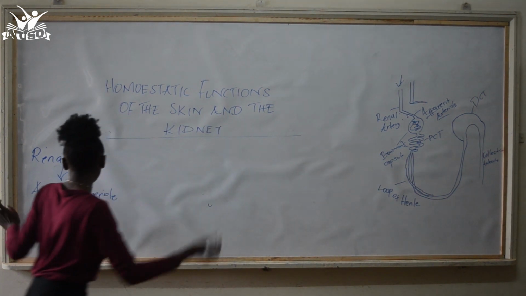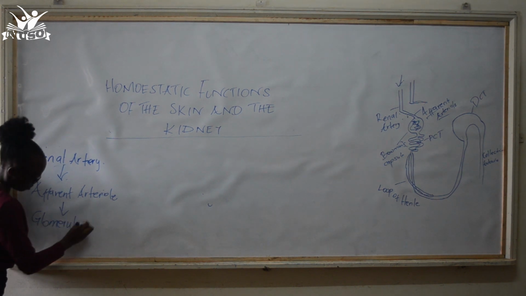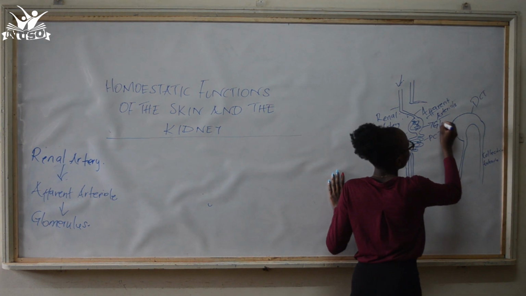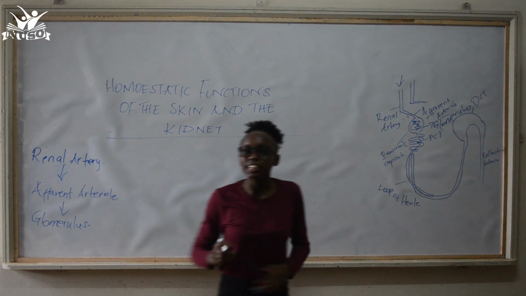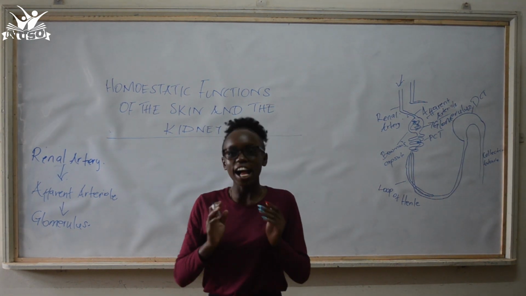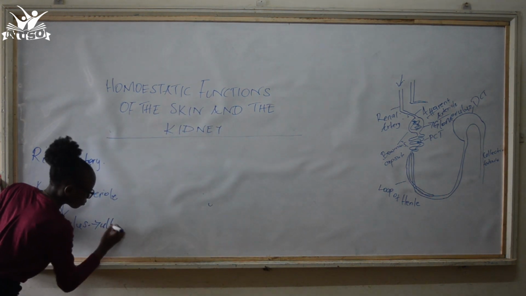In the glomerulus, a main process occurs, and this process is known as ultrafiltration.